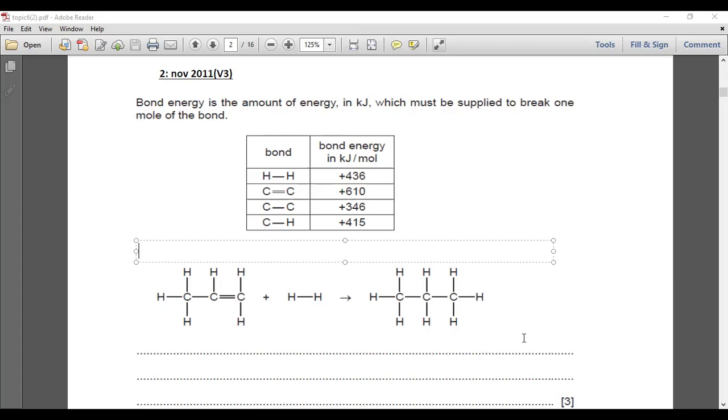Because we have the H bond. 436 is the value of H bond H. It's already here, only here. Am I supposed to calculate this one as 415? Okay, C bond H is 415, but you wrote 436. Why? Because I don't understand what to do.